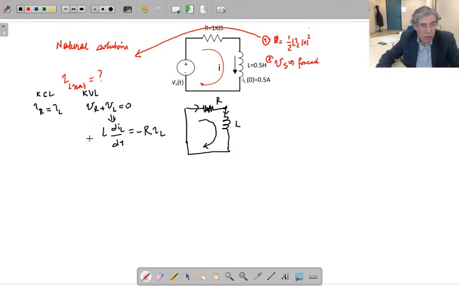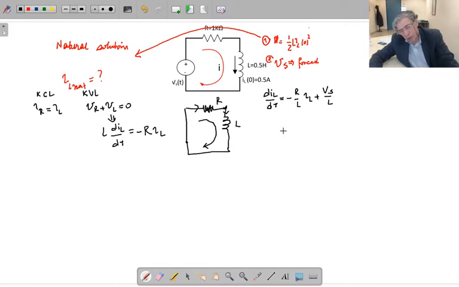So if you look at this now, what is this? You might remember it. Just to remind you, the state equation for the circuit was this: dIL over dt is equal to minus R over L IL plus Vs over L. That was the differential equation.